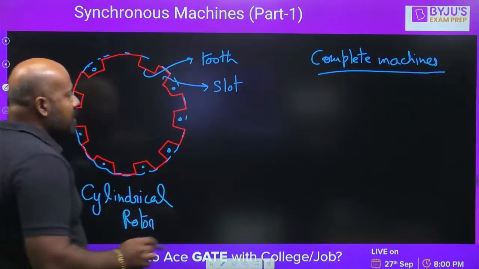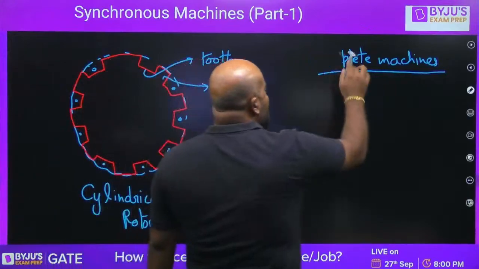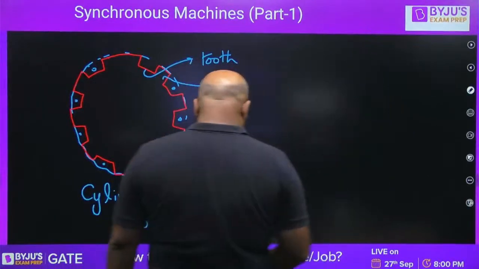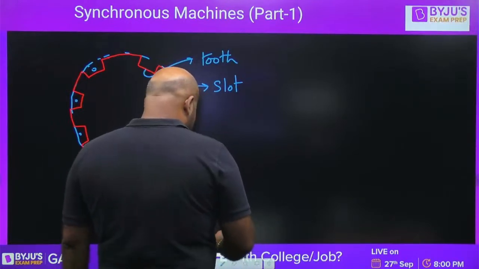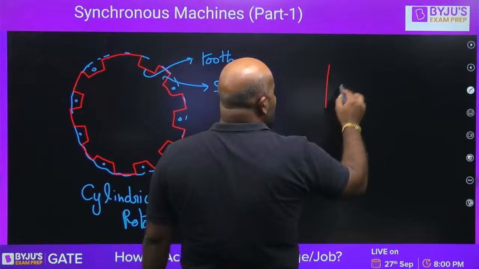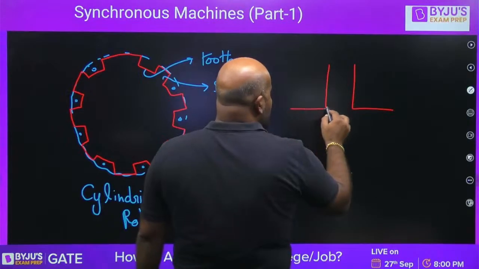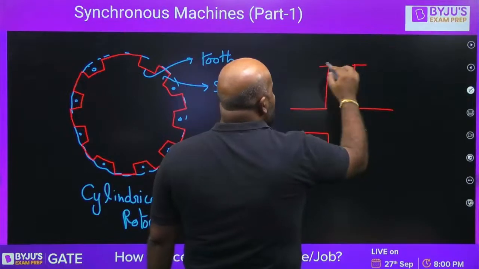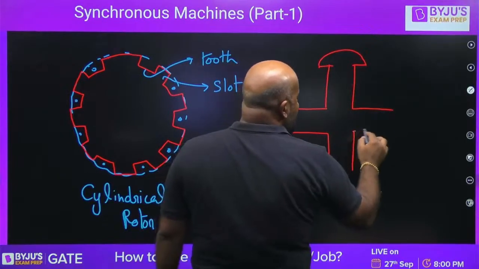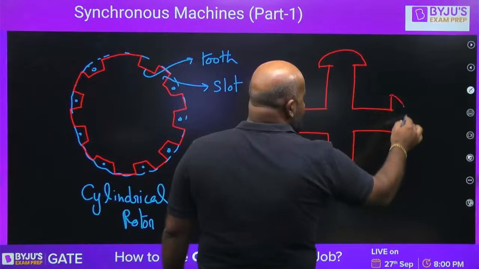And if you talk about a salient pole rotor, then it looks something like this. There may be more poles for a salient pole rotor, but just for the sake of clarity, I am giving you 4 poles.